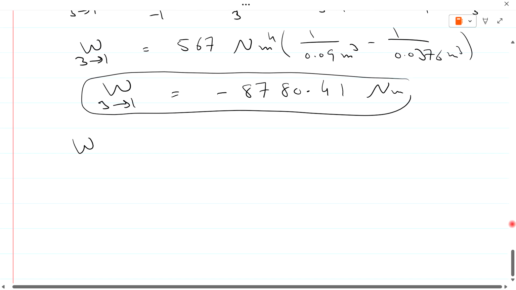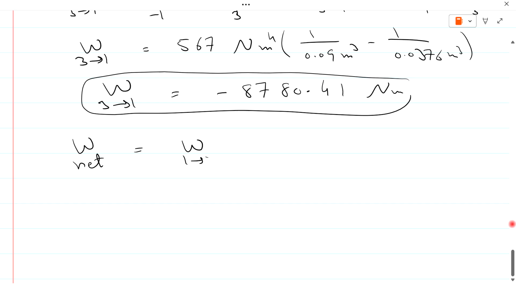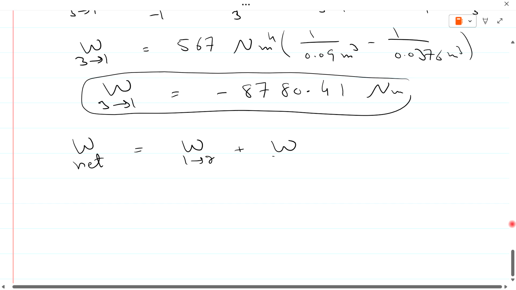Now find the net work done. So net work is equal to work done from 1 to 2 plus work done from 2 to 3 plus work done from 3 to 1.